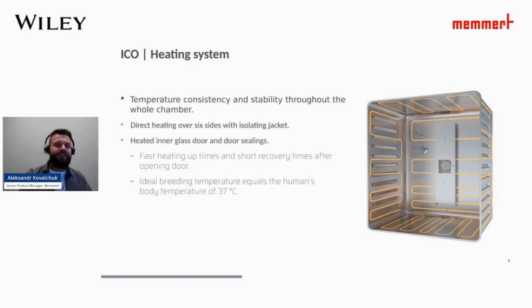With direct six-sided heating, an insulating jacket, and a heated inner glass door and seals, it delivers fast heat-up and quick recovery after door openings. Designed for optimal growth conditions, it maintains the ideal breeding temperature of 37 degrees, equal to human body temperature.